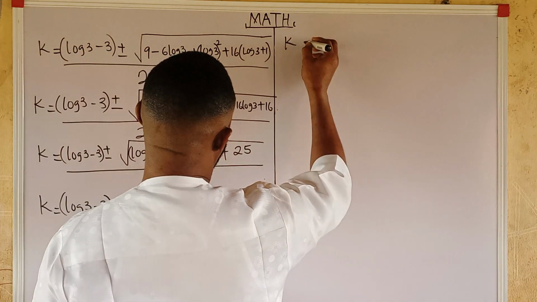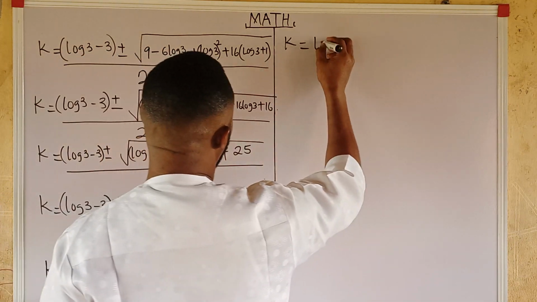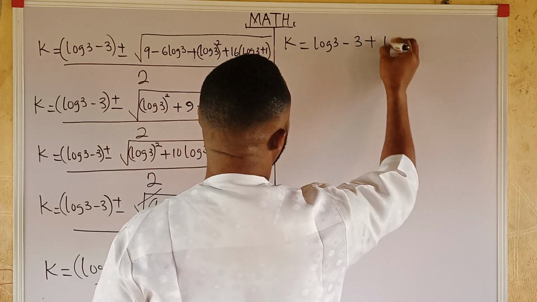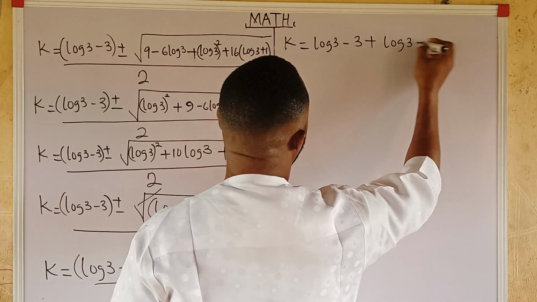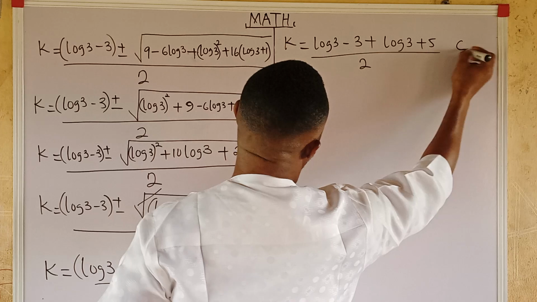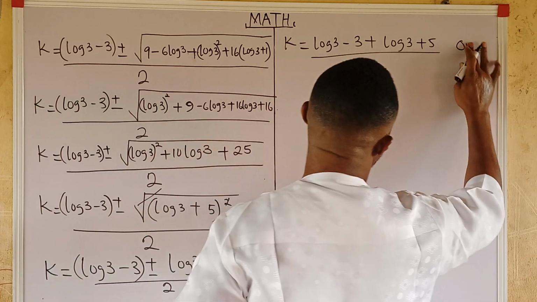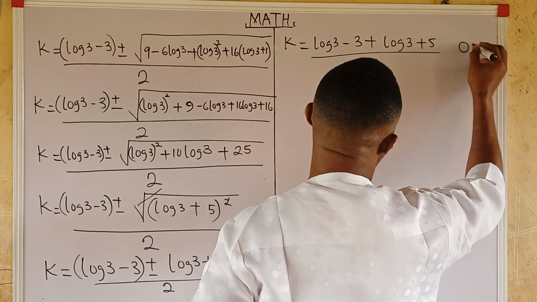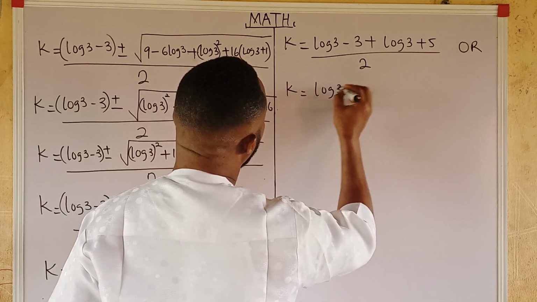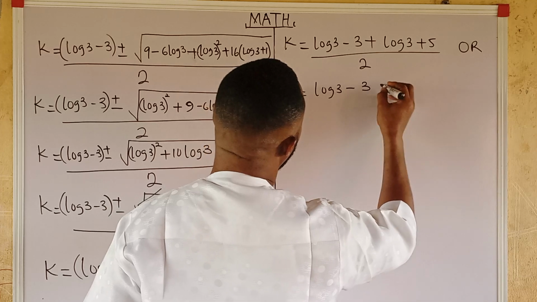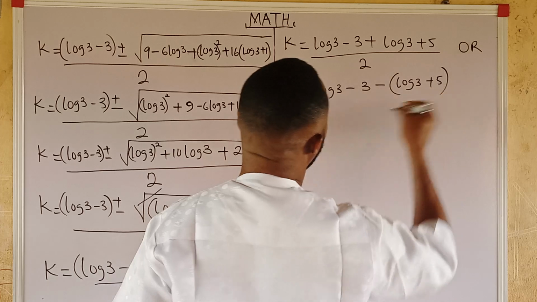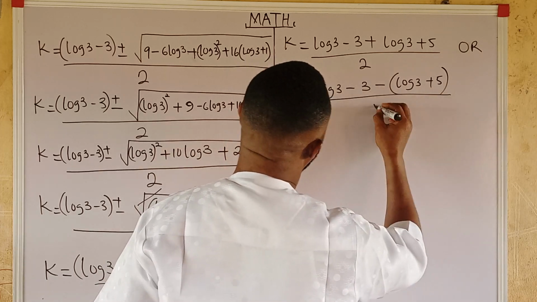The first answer should be k equal to (log 3 minus 3 plus log 3 plus 5) all over 2, or k equal to (log 3 minus 3 minus log 3 plus 5) all over 2.